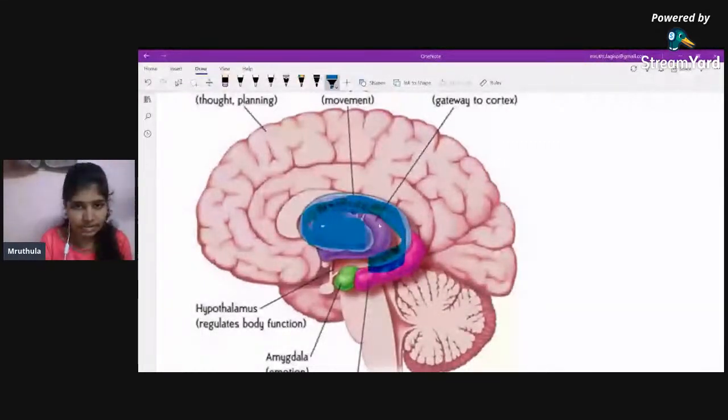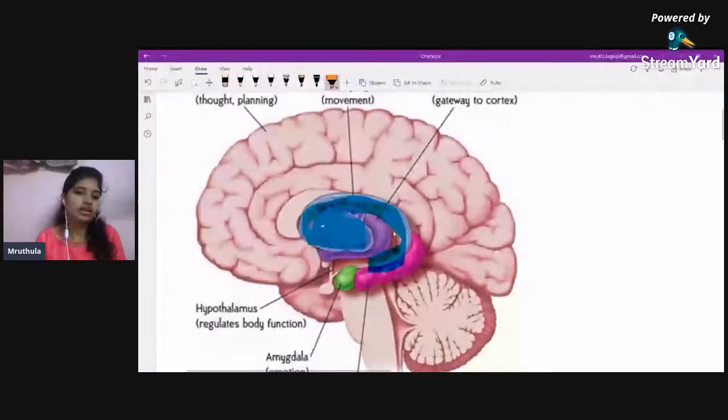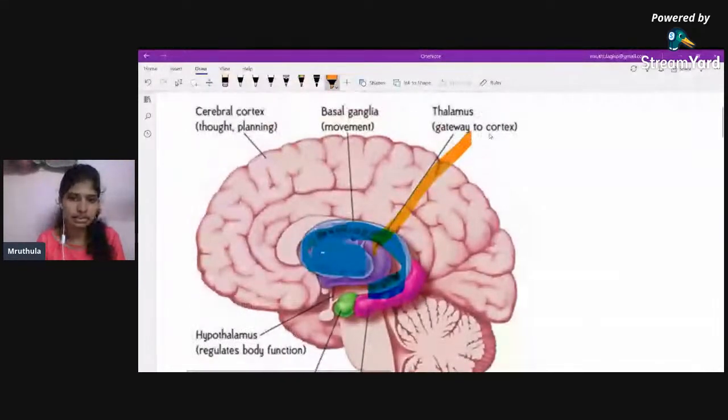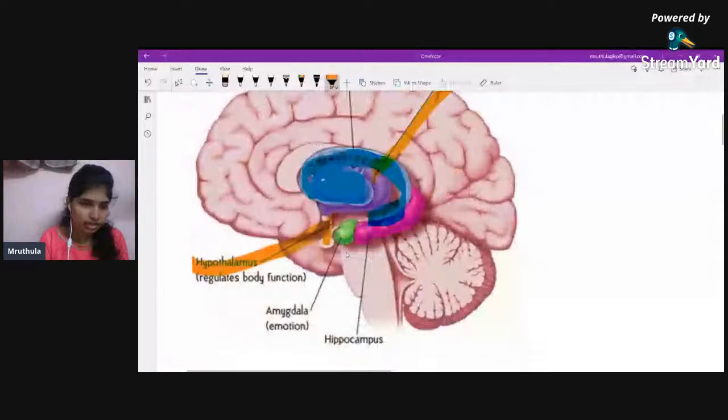Now adjacent to that, if you could see this violet color part, this violet color is the thalamus. This zone which is marked here is the thalamus, right. So below the thalamus or below the basal ganglia, what do we have? We have hypothalamus here, and amygdala. All these terms are new for you.